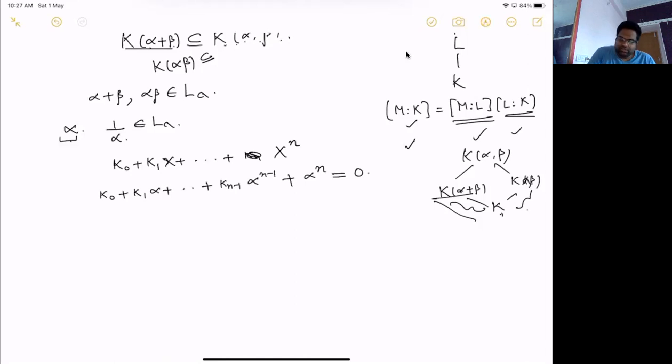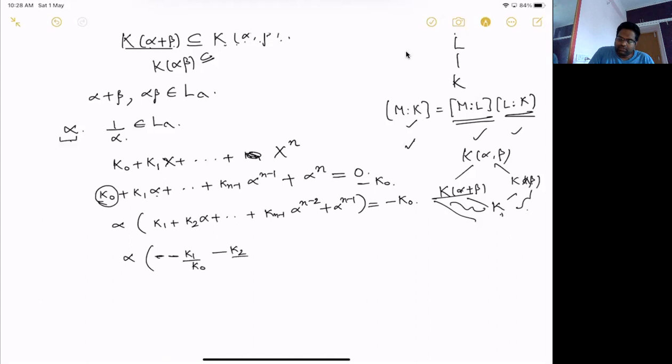So from this, you can easily see that you can take k_0 to the other side, minus k_0, and you take alpha common, you have k_1 plus k_2 alpha plus ... plus k_{n-1} alpha to the power of n minus 2 plus alpha to the power of n minus 1, times alpha, is equal to minus k_0. So alpha times (minus k_1 by k_0 minus k_2 by k_0 alpha minus ... minus 1 by k_0 alpha to the power of n minus 1) is equal to 1.